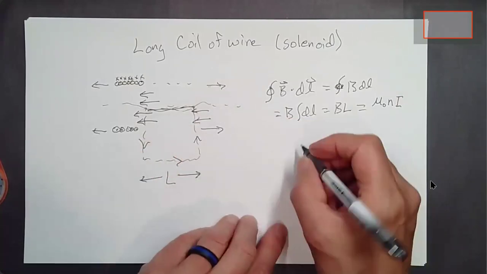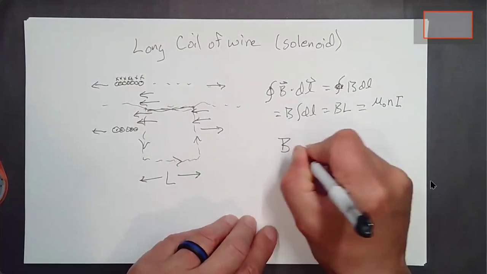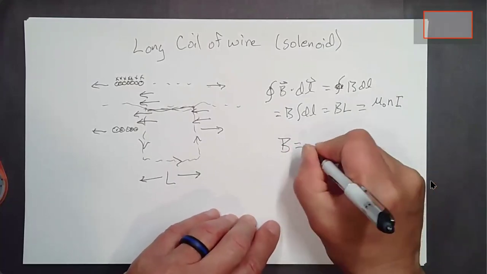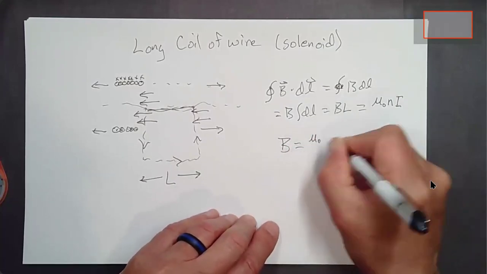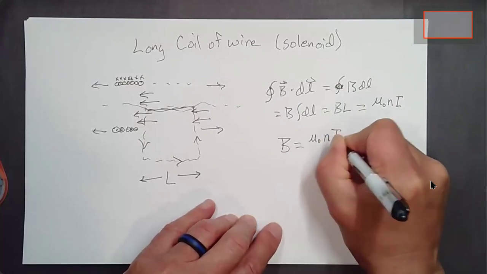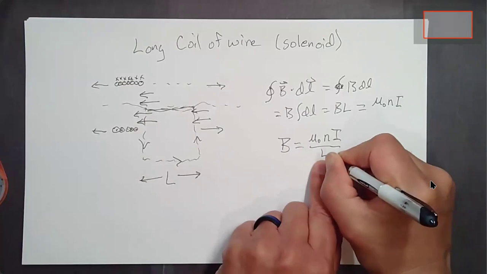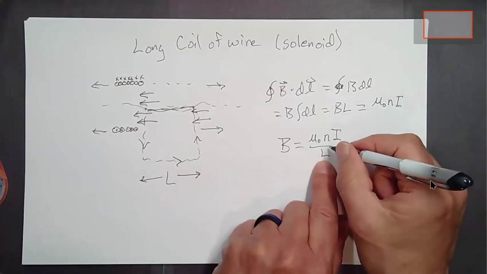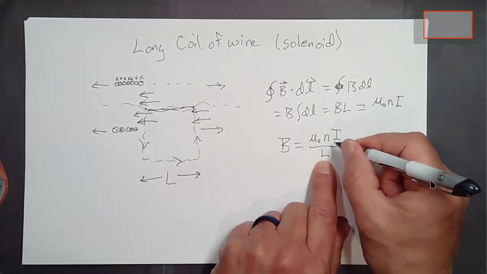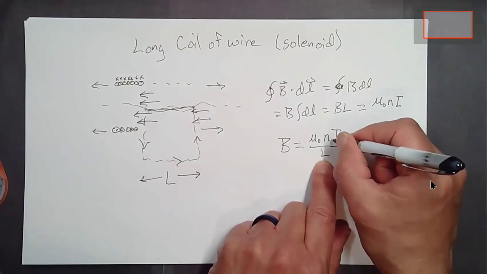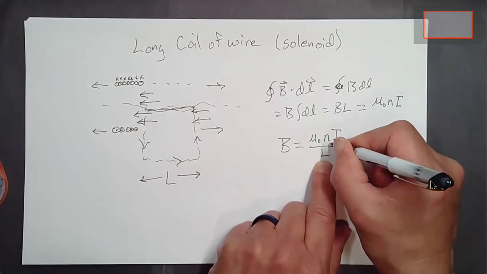Well, the magnetic field in there will actually equal mu naught n I over L, and n over L ends up being the number of turns per unit length, and I may have screwed up by using a lowercase n for that.